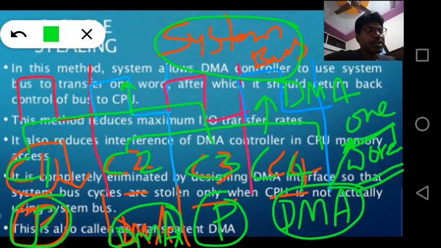If the block contains some 1,000 memory words, then it requires 1,000 cycles of the system bus. So it may take longer time.